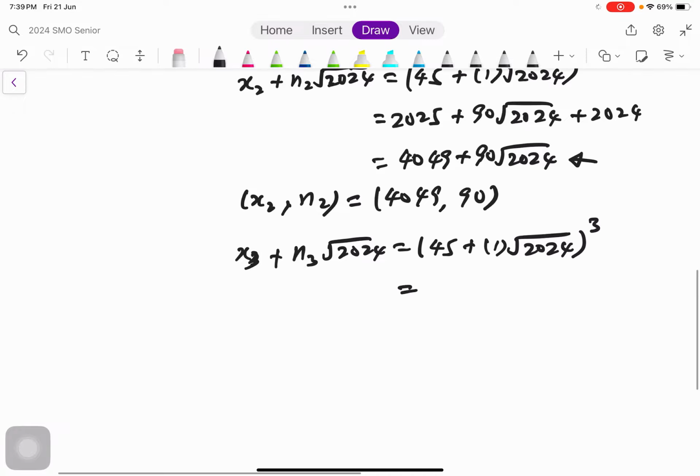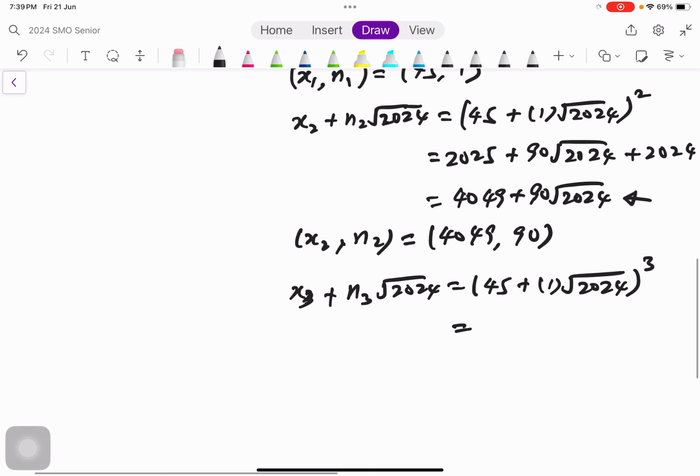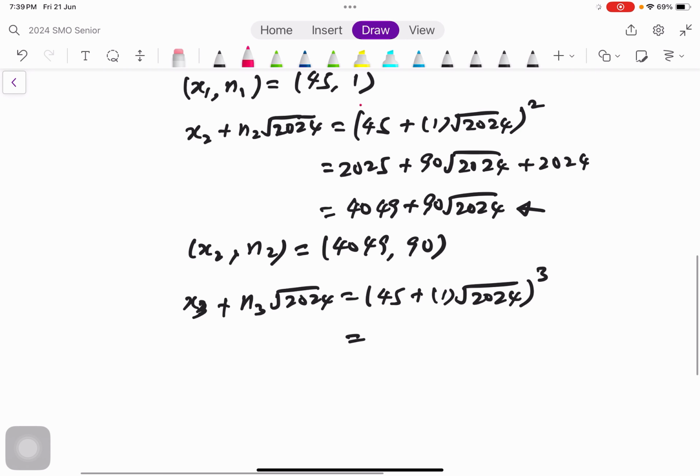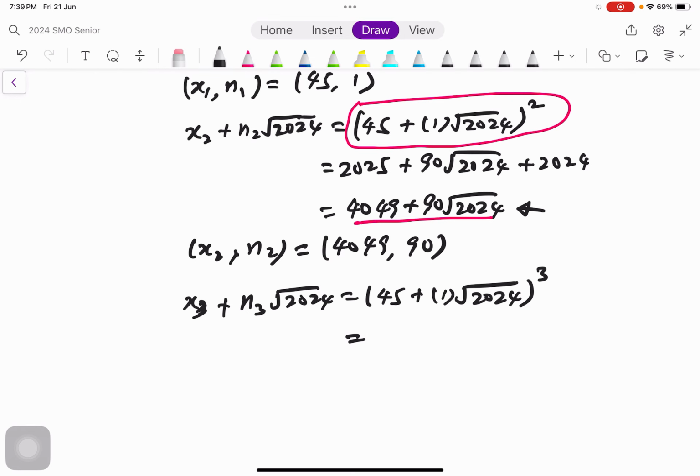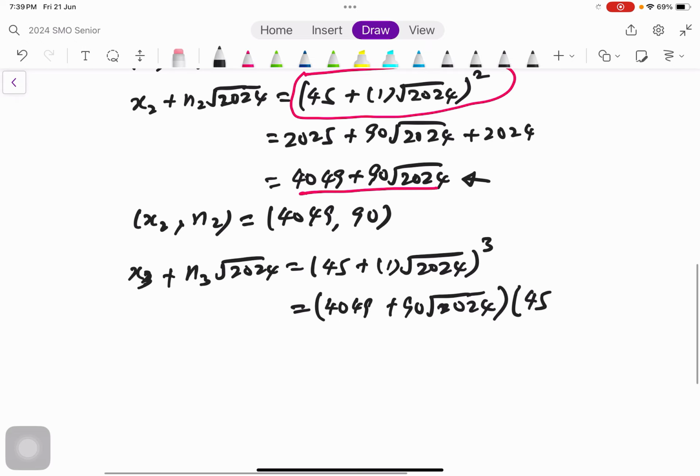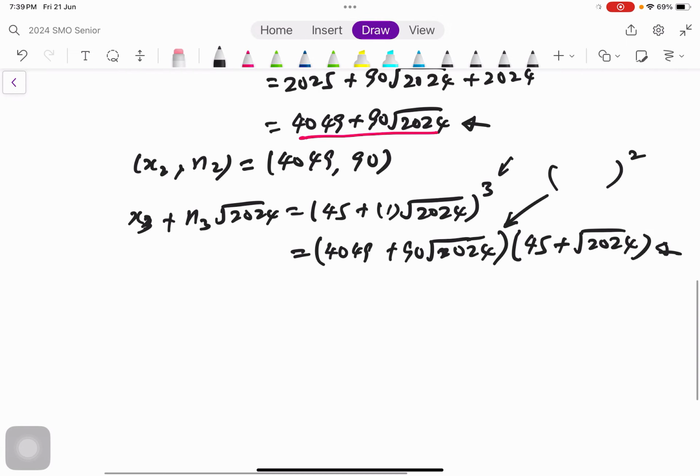But we know that the square gives you this. Therefore, now we can say that 4049 plus 90 square root 2024 is actually the square. Therefore, you multiply by 45 plus square root of 2024. Because take note, this is actually the square, therefore to get your cube, you just multiply one more term.